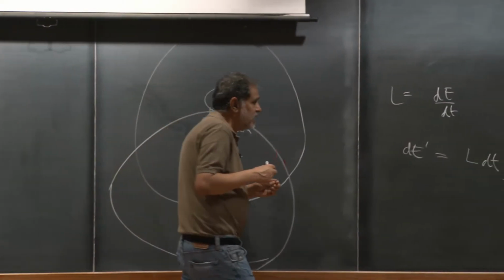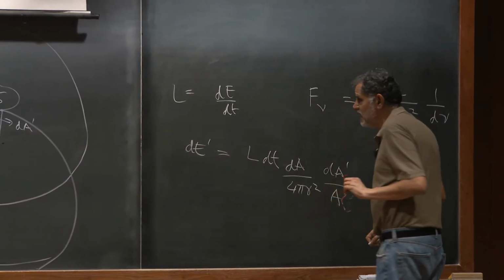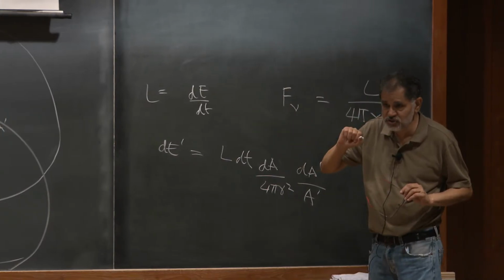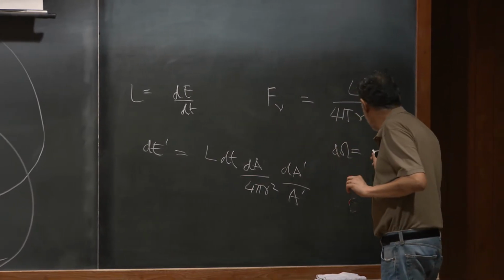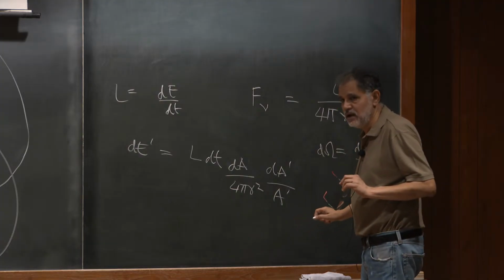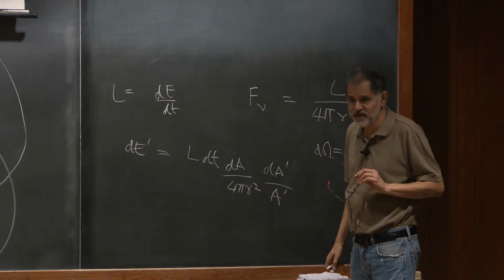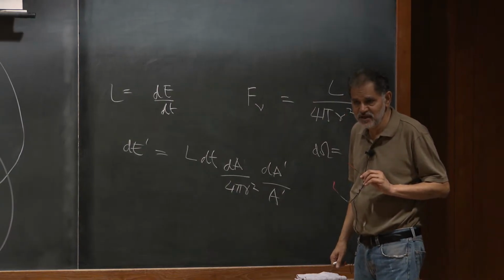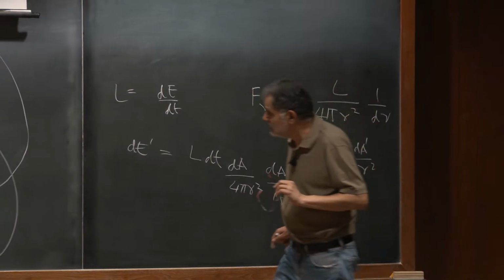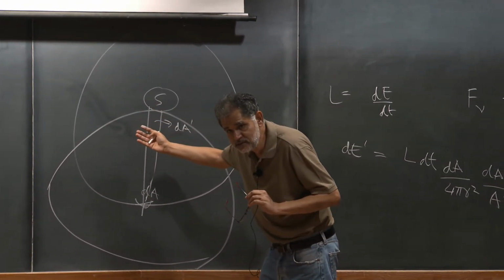And what is that d omega? What is the solid angle that I am intercepting from the source? Which is obviously proportional to dA prime divided by 4 pi. It's not 4 pi, it's r square actually. Okay, yes. Correct. This is the solid angle that the telescope is intercepting from the source, right?